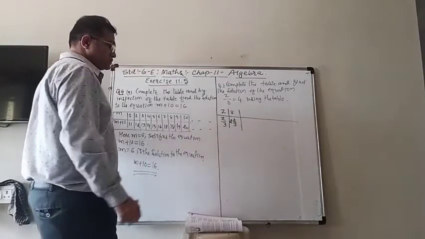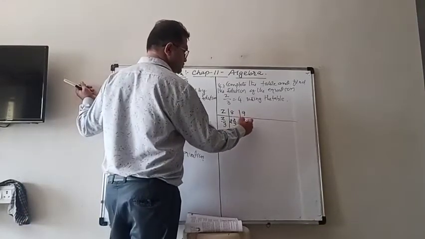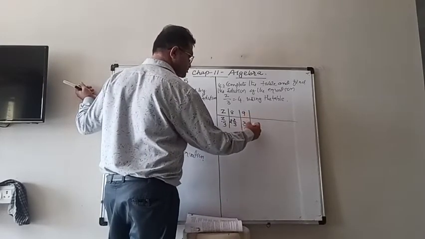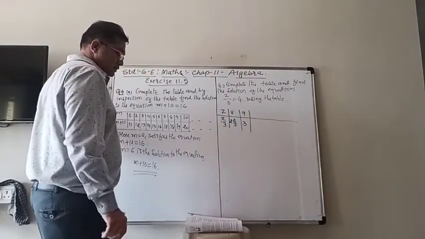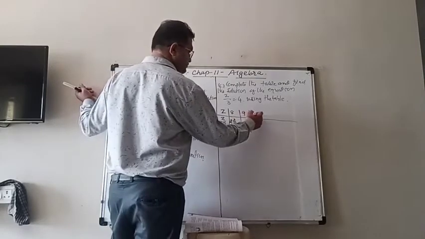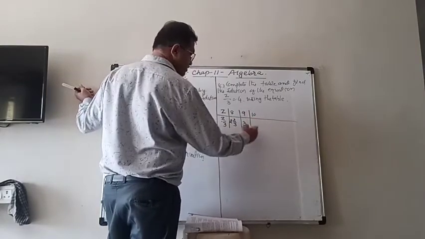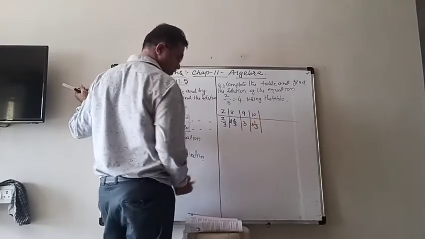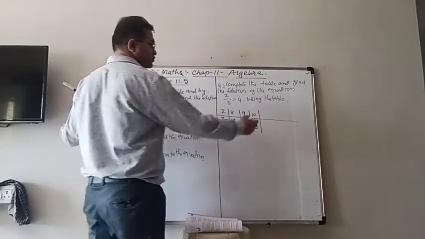Other value 9 is also given. The value of z by 3 is 3. Third one is also given, 3 integer 1 by 3. Now from 11 we have to find.